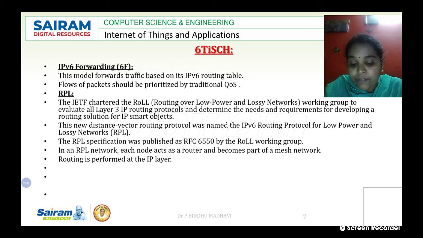QoS will be completely classified based on priority and on the common congestion avoiding mechanism. It depends upon the RPL process, the routing protocol for low power and noisy networks.